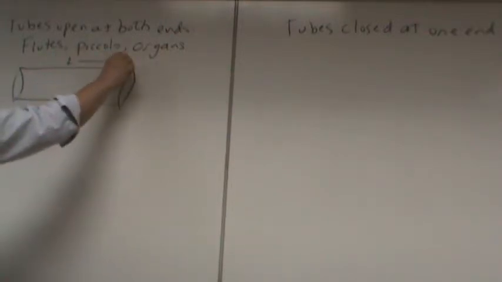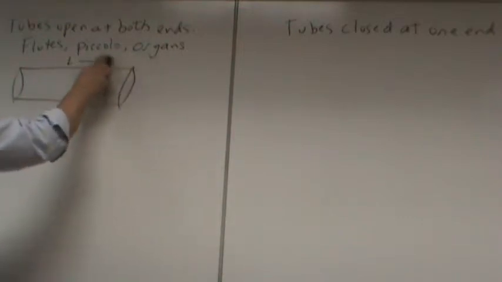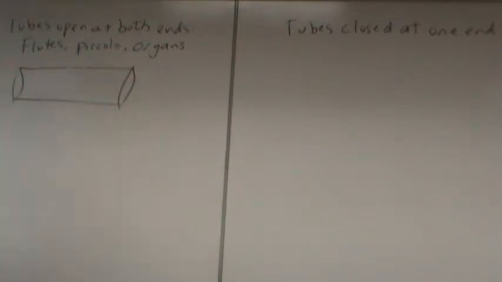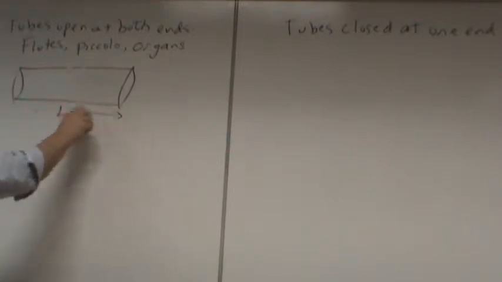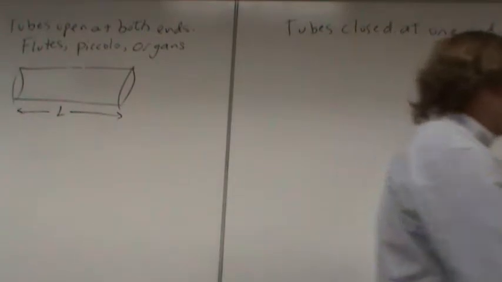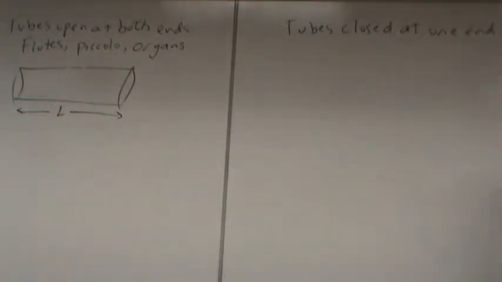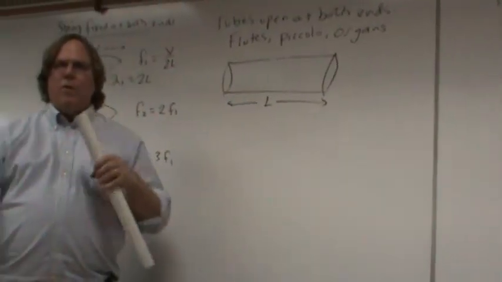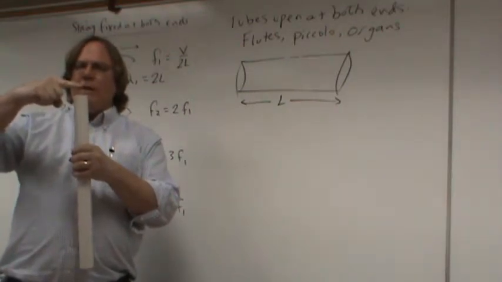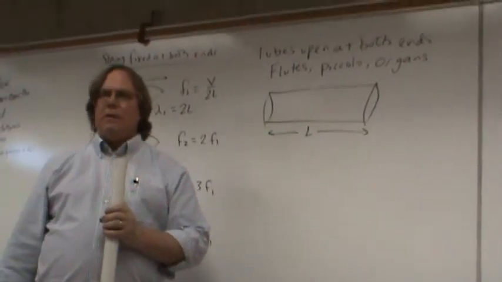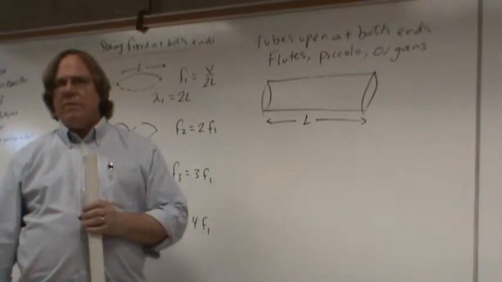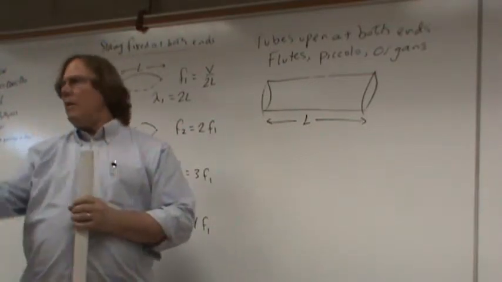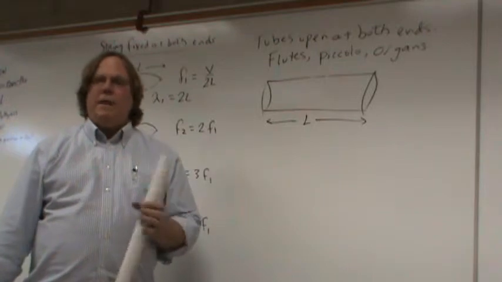A tube of length L. It's not a very good looking tube. Oh well. What is the air pressure right here where my finger is pointing? What's the air pressure right there? One? Yeah, 1 ATM, 1 atmosphere.